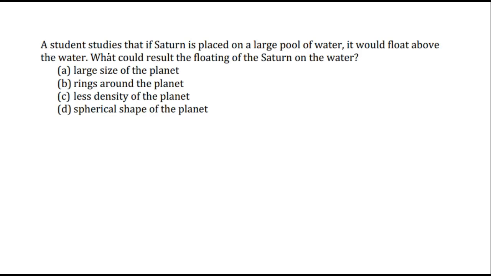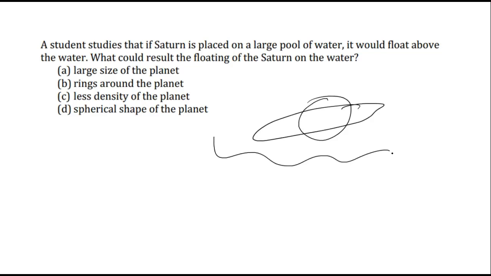A student studies that if Saturn is placed in a large pool of water, it would float above the water. What could result in the floating of Saturn on the water?